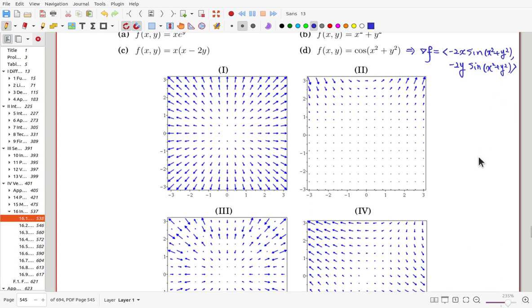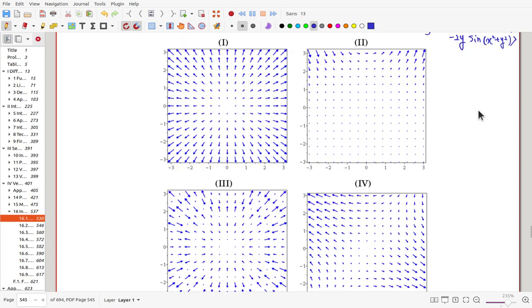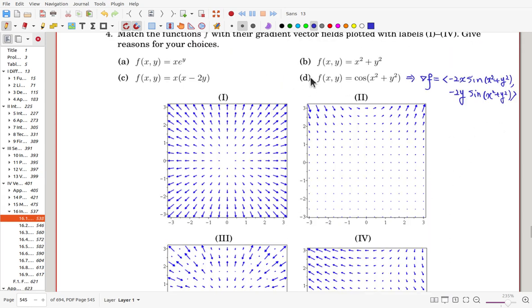So first, you may try to find that one. Among these figures, this one looks like that. So momentarily, you may pick this one for D. In fact, that's the right answer.